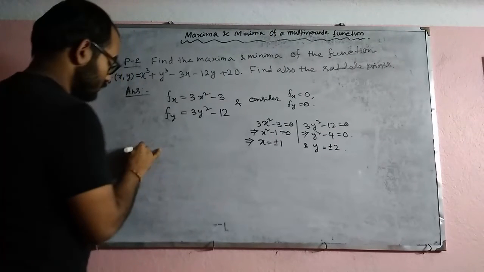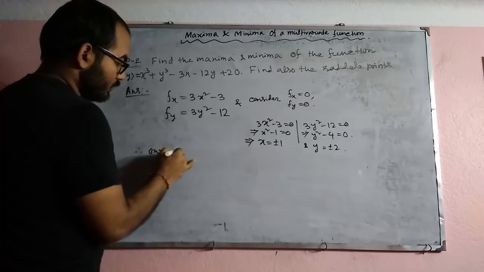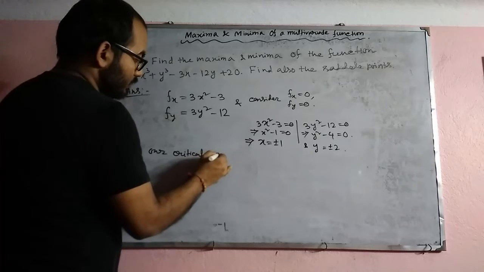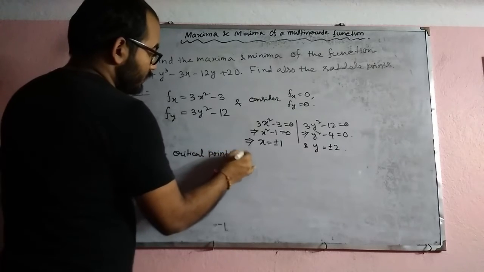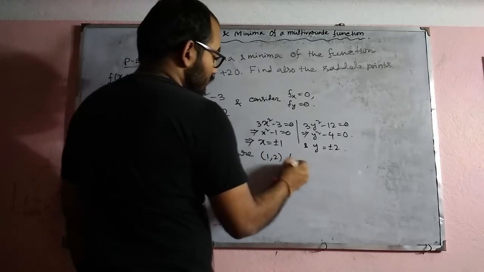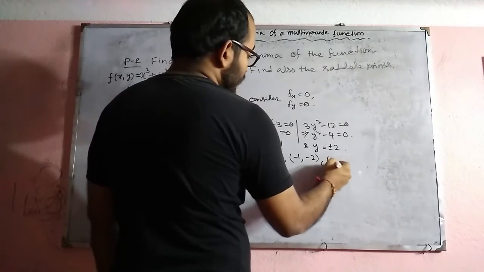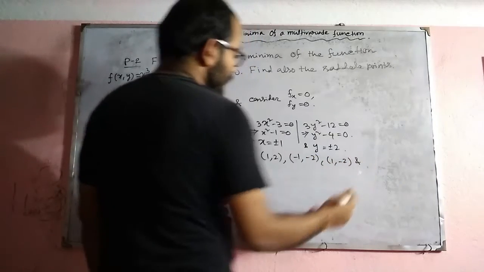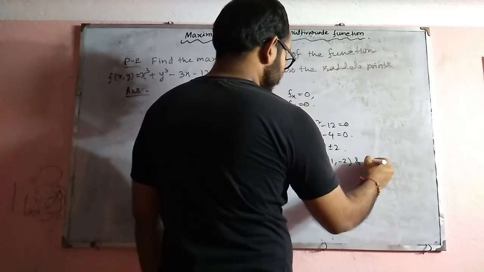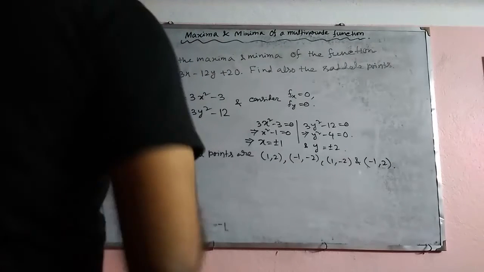So our critical points are 1, 2 and minus 1, minus 2 and so on. Okay, these are our critical points.